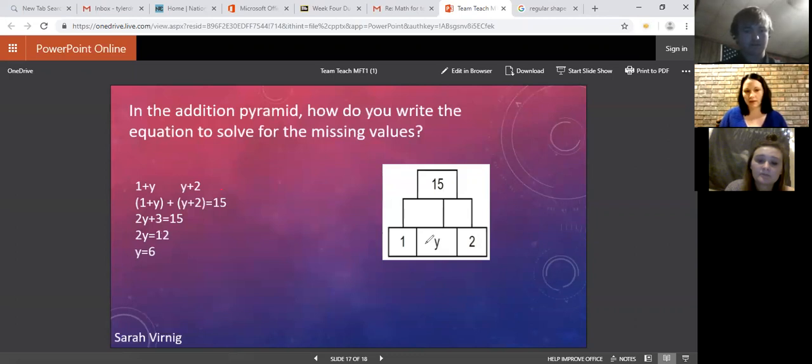Now to get x by itself, we have to divide by 2, which leaves us 6. 6 is our answer. So we would have x equals 6. And you can check it because 1 plus 6 is 7, 6 plus 2 is 8. And then when you add 7 and 8 together, it gives you 15.